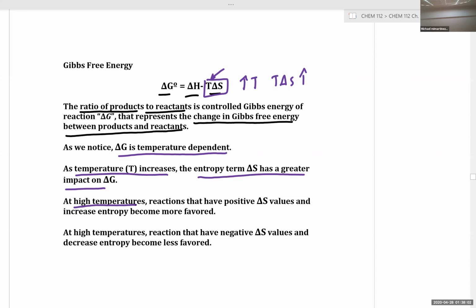So at high temperatures, reactions that have a positive delta S that are favored by it, that increase entropy, become more favored. So at higher temperatures, this entropy term plays a bigger role. At high temperatures, reactions that have negative delta S value and decrease entropy become less favored, okay? So the main thing I want you to take away, as we increase our temperature, this entropy term has a greater sway on our chemical reaction reactant to product ratio, on our Gibbs free energy of our reaction.